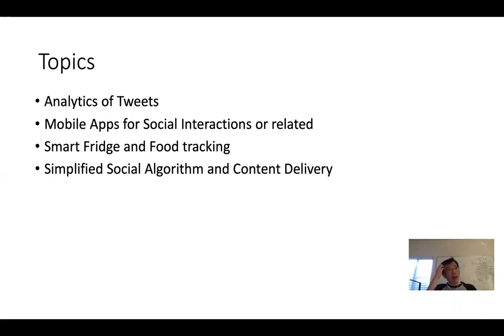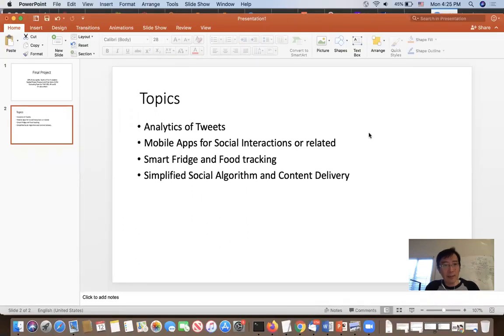I want you to guess what data format Twitter sends the result back in. Anybody want to give a guess? JSON? JSON, exactly. So let me show you what it looks like.